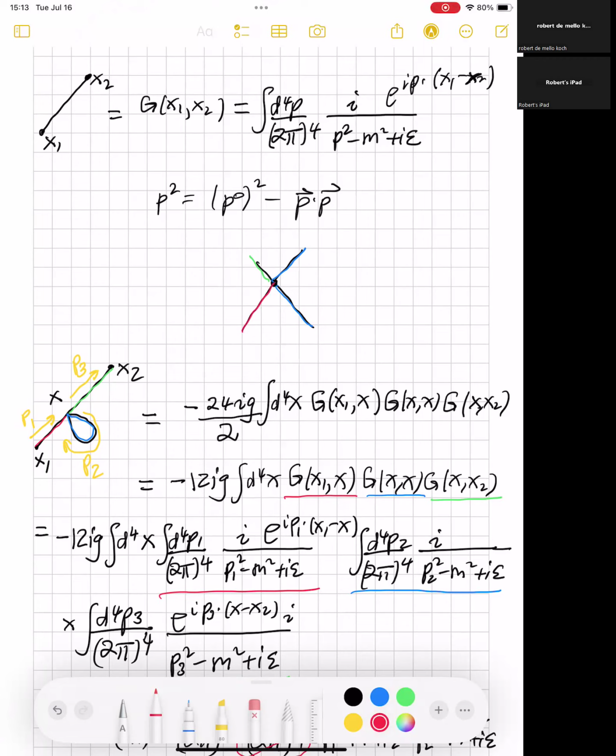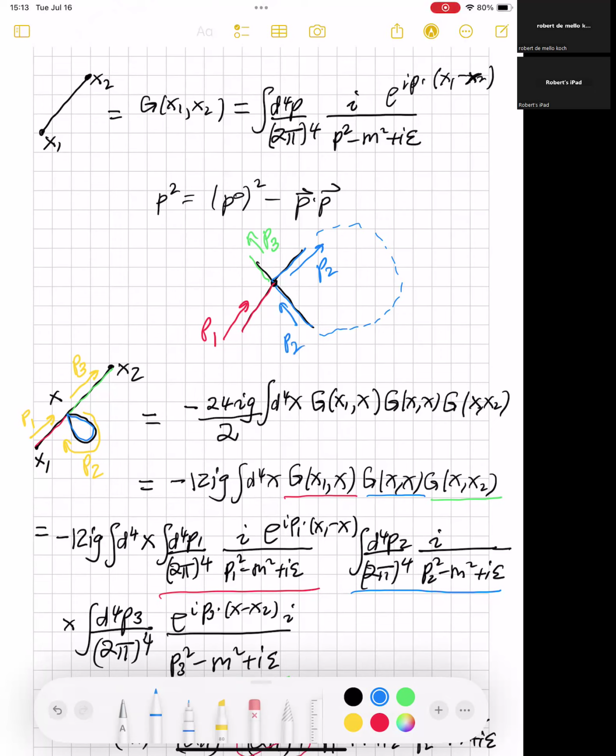Now, this red line corresponded to a momentum P1 flowing into the vertex. The green line corresponded to a momentum P3 flowing out of the vertex. With the blue line, you can see we've got P2 flowing out this way, and then the line turns around and comes back on itself. So we've got a P2 flowing in here.